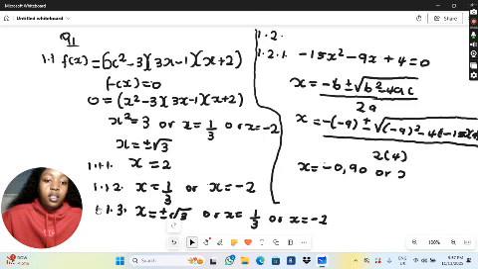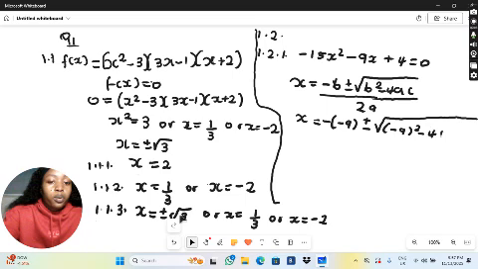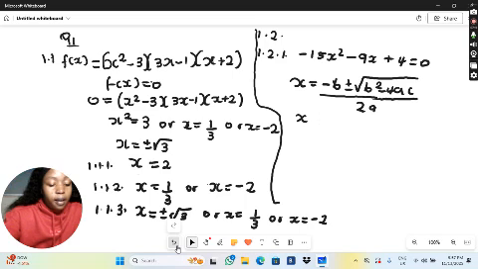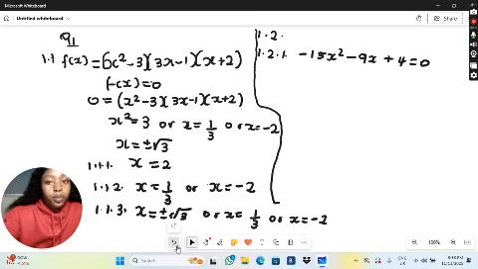So I'll just erase this. So when I erase this, we are going to question number 1.2.2. So the question here from 1.2, we are asked to solve for x.